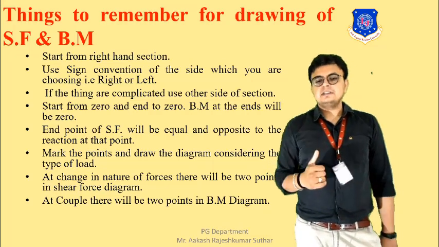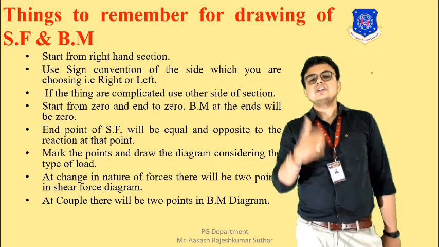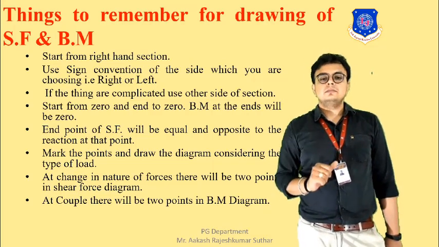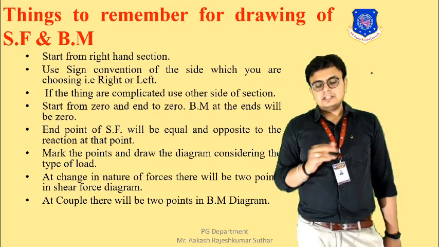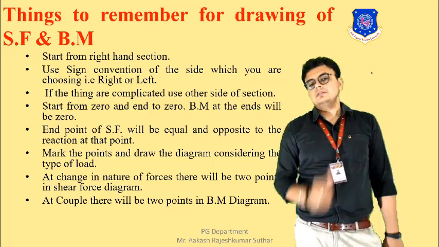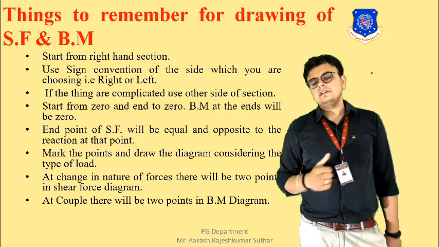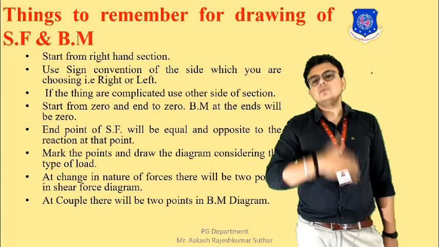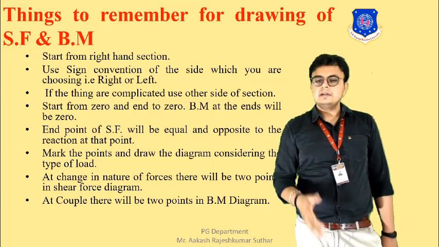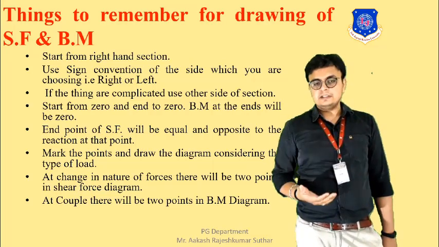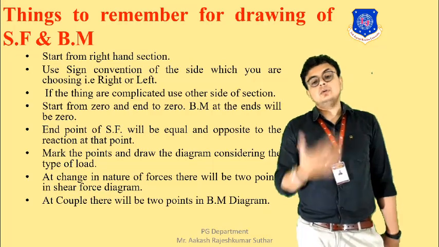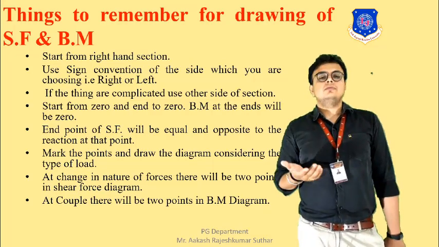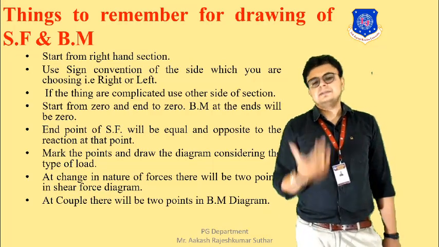Mark the points and draw the diagram, considering that the type of diagram should be according to the load. If it is a concentrated load, then it should be accordingly. If it is a UVL, then also it will be accordingly. If it is a UDL, uniformly distributed load, then also that will be its type.